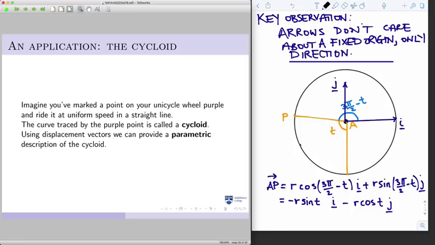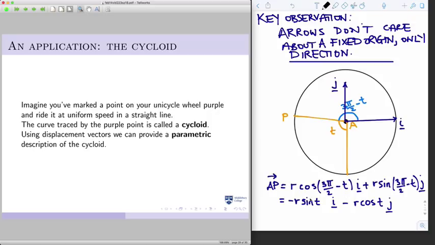So notice that to figure out the point P with respect to this new coordinate system, using basic trigonometry, the point P is going to be sitting r times cosine of 3 pi over 2 minus t units in the i direction. And similarly, P is going to be sitting r sine of 3 pi over 2 minus t units in the j direction.